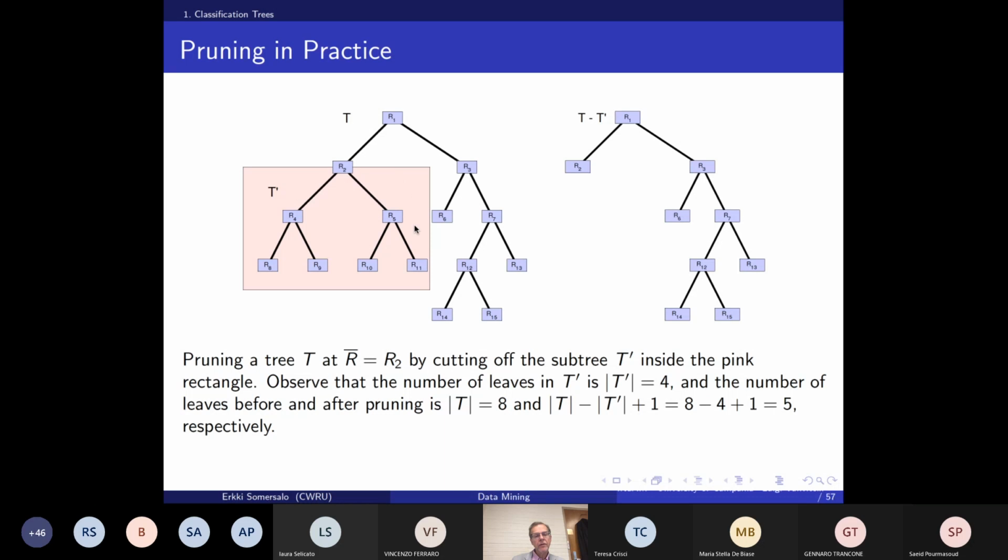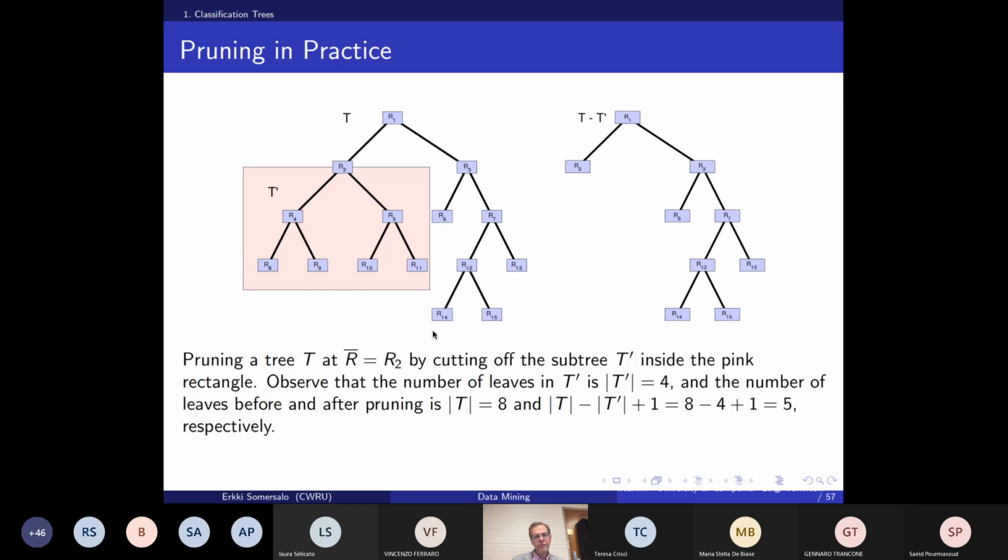I'm calling T prime this tree in the pink rectangle, and T minus T prime is the pruned tree where I have eliminated all the offsprings of that rectangle R2. So these are the notations. T minus T prime is less or equal to T because it's a subtree, and T prime is this tree that is below my selected node R2.